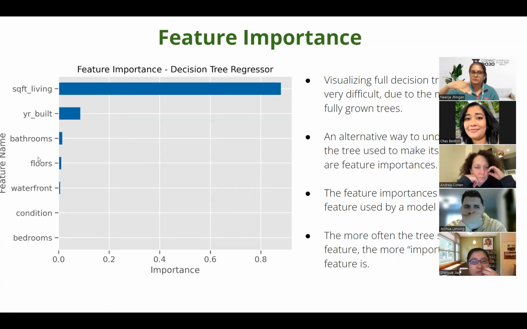Then year built, then bathrooms, then floors, then waterfront, then conditions. So whenever you plot this graph, the top features are the ones used most of the time by your model to split the data for the predictions. And on the x-axis, we can see the importance, right?